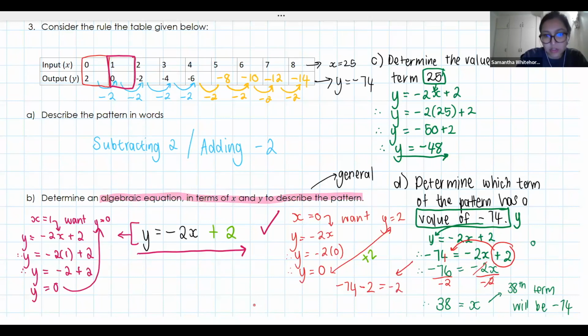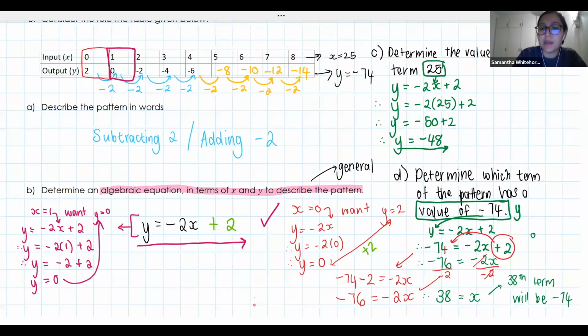And so we end up with -74 -2. And so in answer to your question, this is now where we get -76. We're at -74, we subtract another 2, and so that gives us -76 equals -2x. And so then we solve from there by dividing both sides by -2.